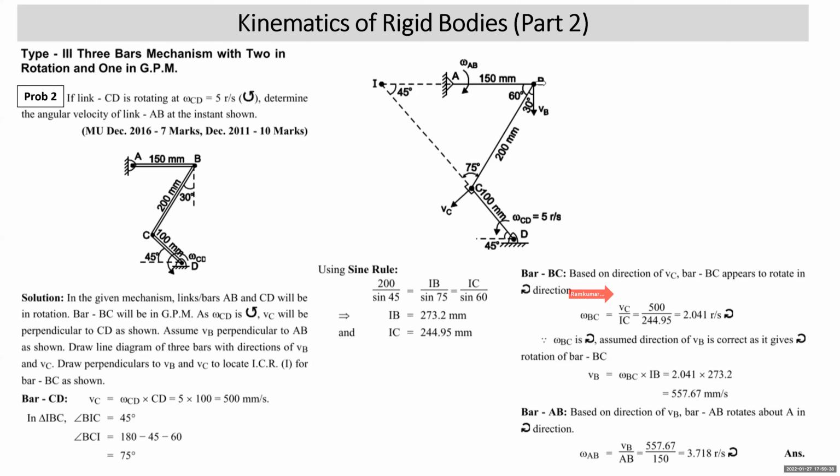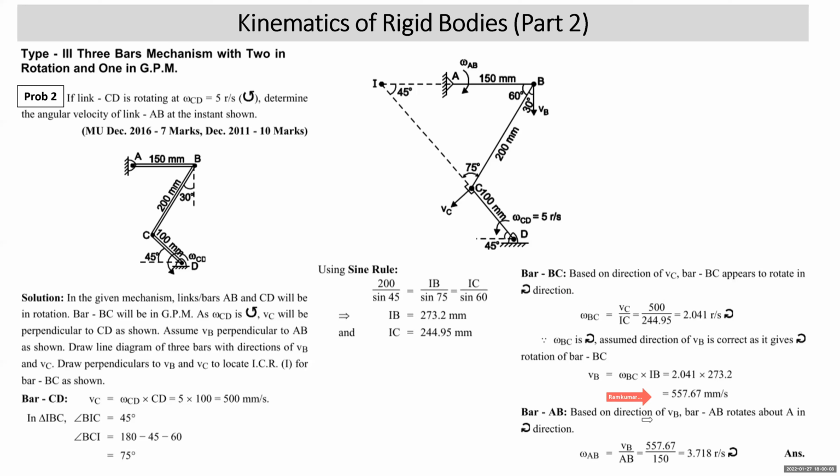You want the velocity of point B? Velocity of point B will be omega BC into BI. IB is 273.2. So VB is equal to omega BC into BI, with omega BC 2.041 and IB distance 273.2.